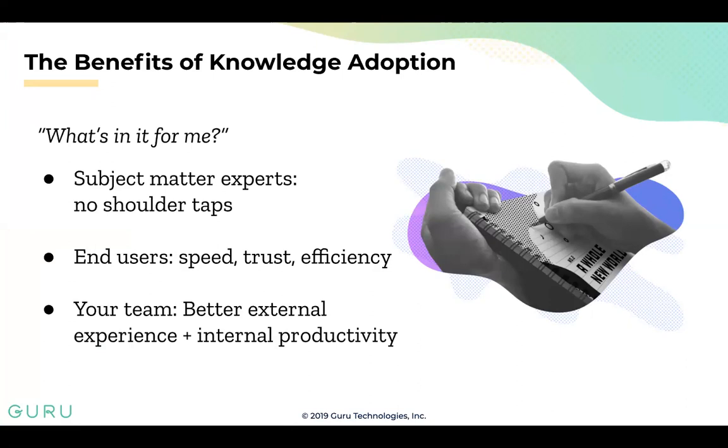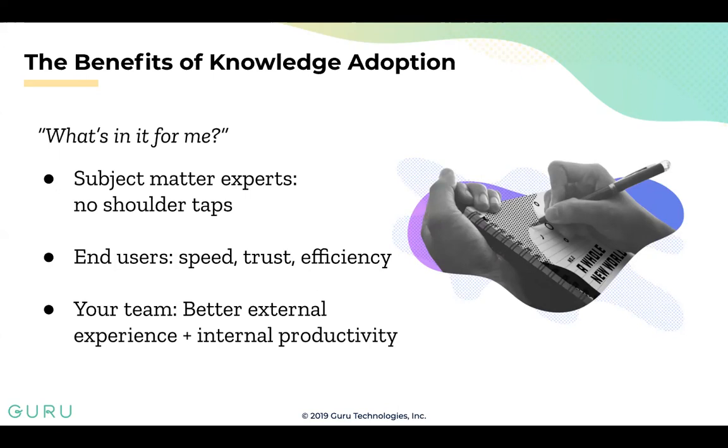So for subject matter experts, you can really hit home that they can spend more time focusing on the strategic projects that they have queued up without losing time in their day from answering a bunch of shoulder taps in Slack or email or in person. And they're really going to see that instant value from keeping their knowledge up to date and in an accessible place so they can cut down on those conversations.